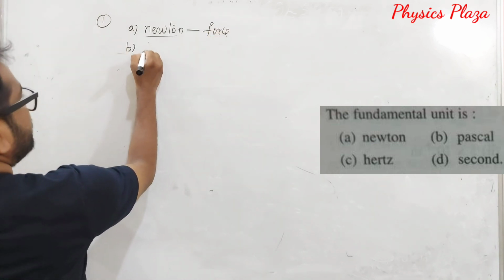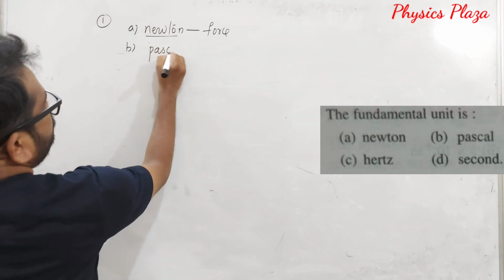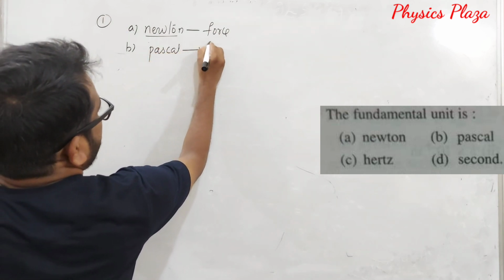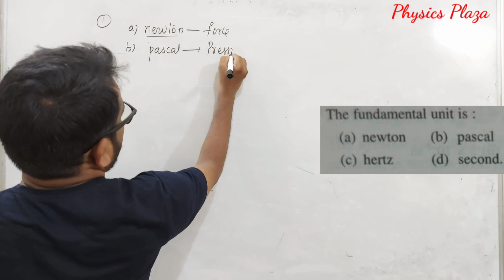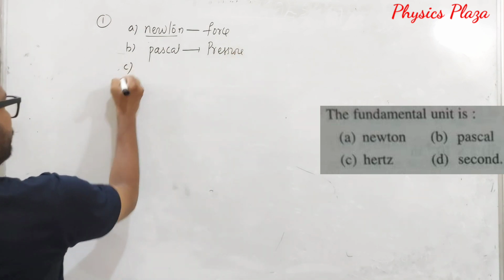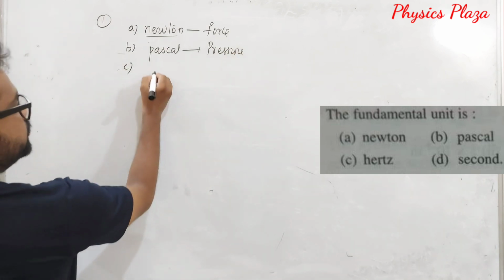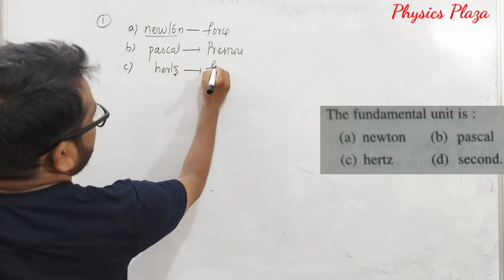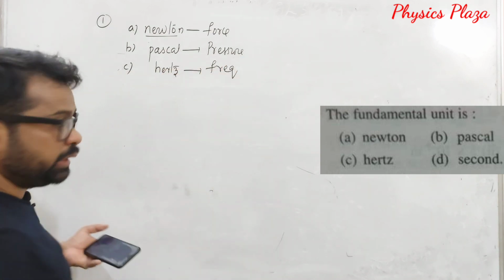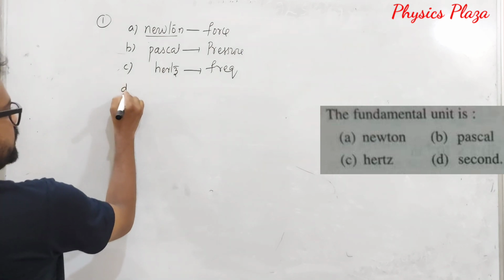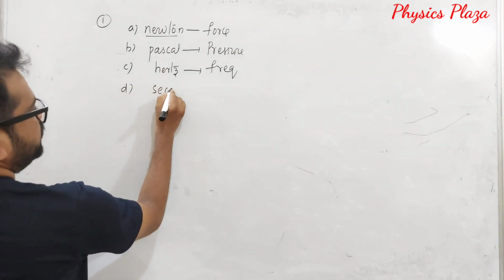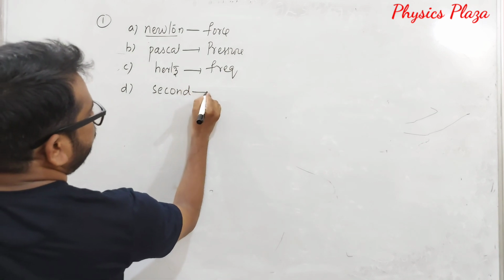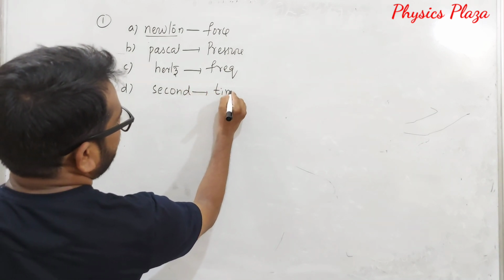B is Pascal, the SI unit of pressure, also a derived unit. C, Hertz, is a unit of frequency, a derived unit only. And D is second, a unit of time, which is a fundamental quantity.